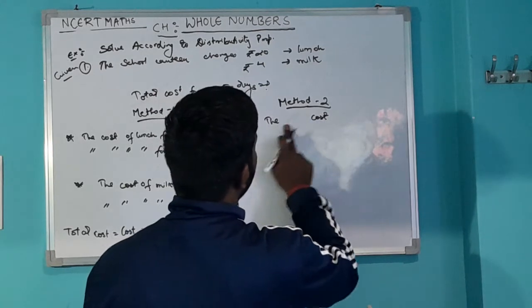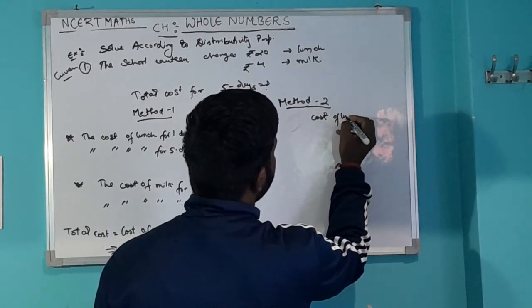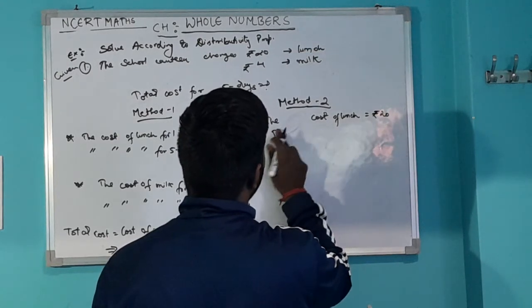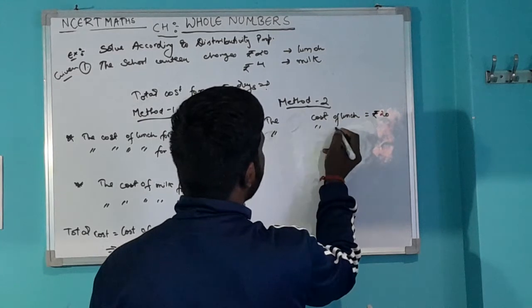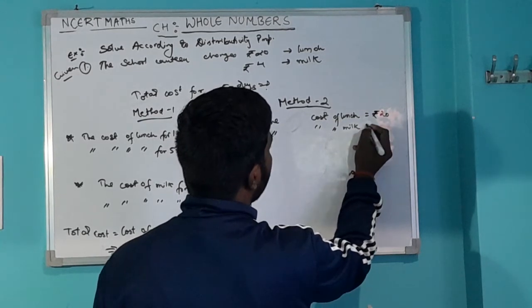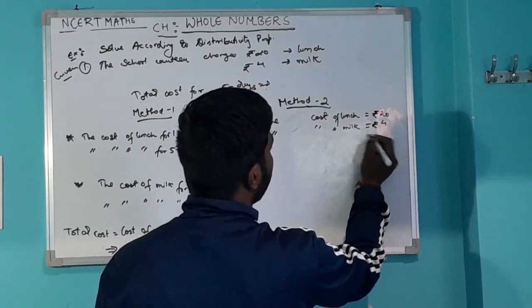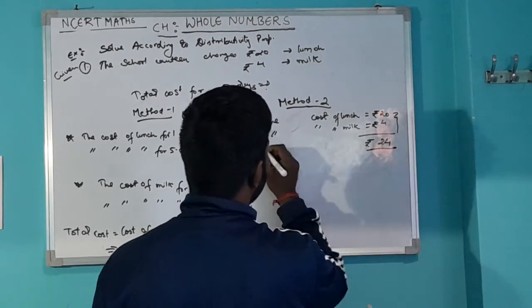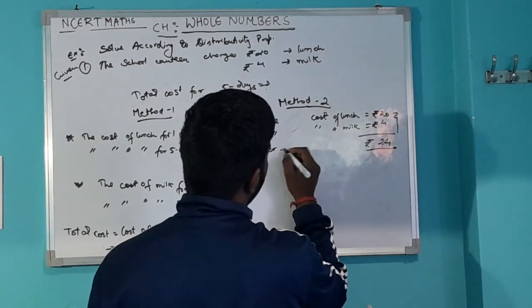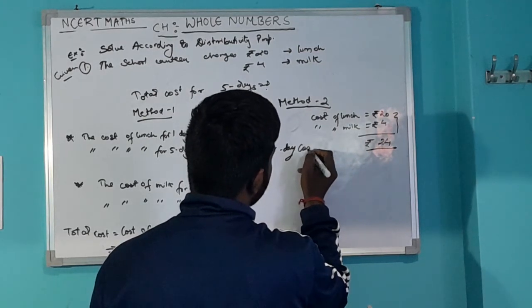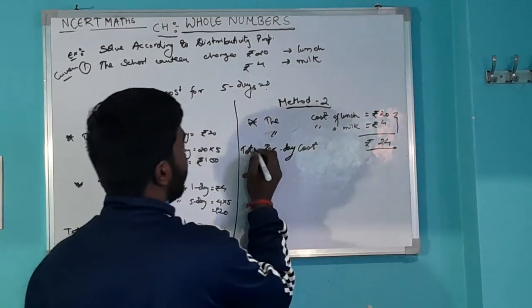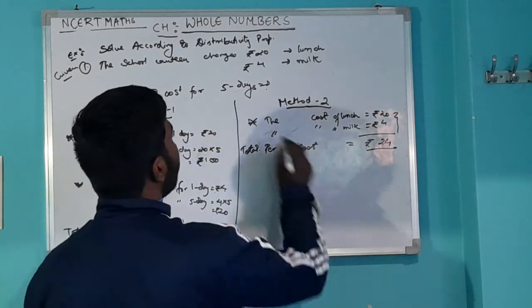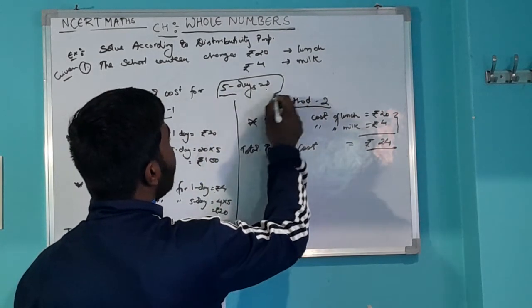Firstly we write the cost of lunch for 1 day, which is ₹20, and the cost of milk per day is ₹4. We add these to get the total per day cost, which is ₹24, and we need to find the cost for 5 days.